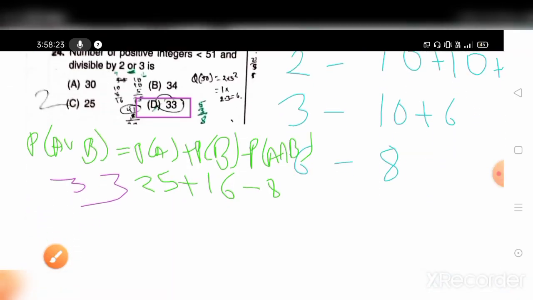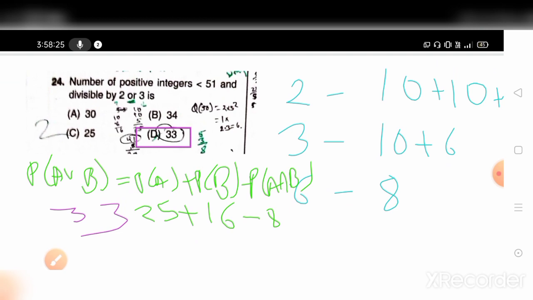Next question. The number of positive integers less than 51 and divisible by 2 or 3. First of all, check 51.